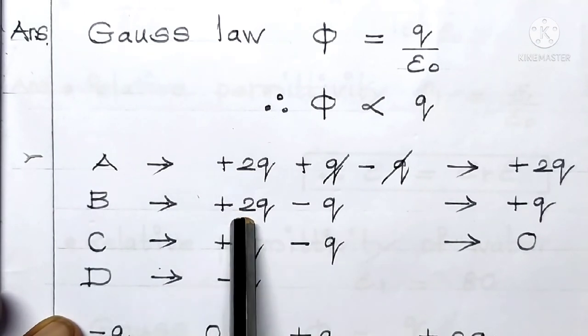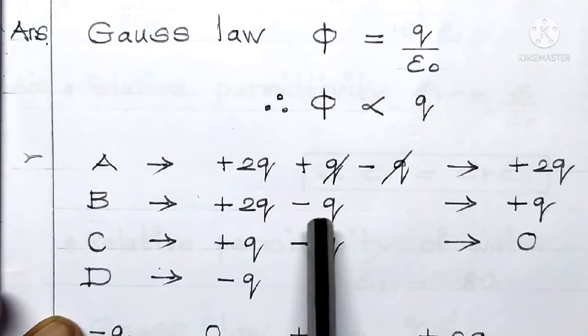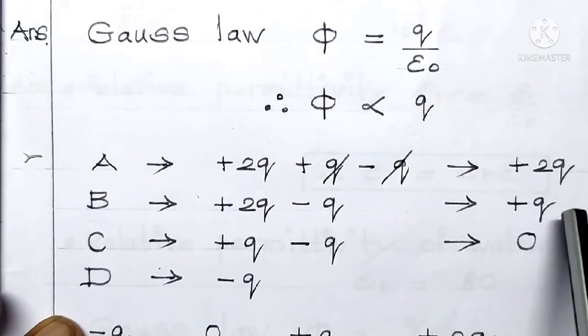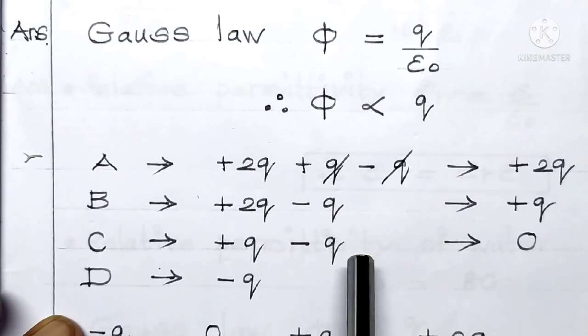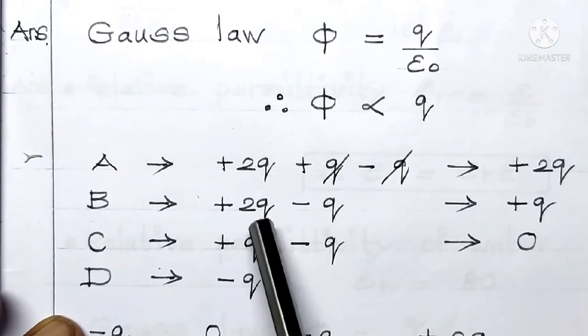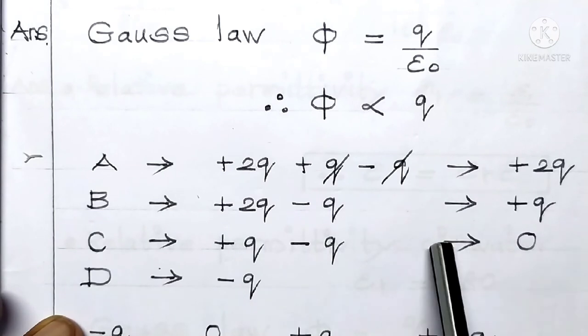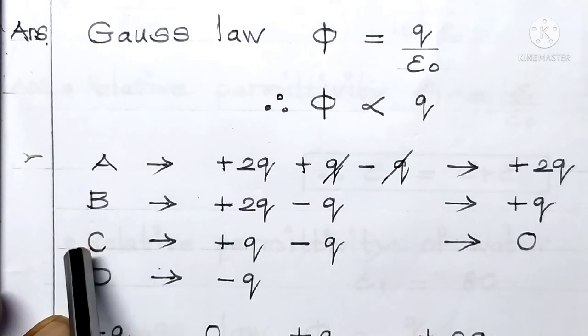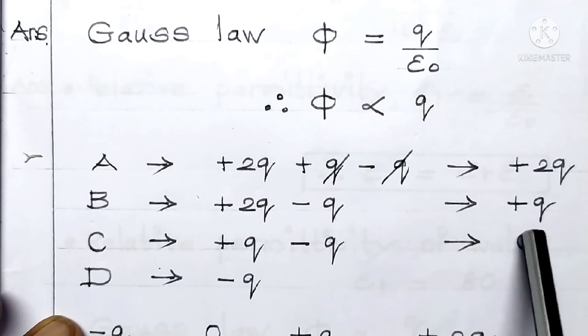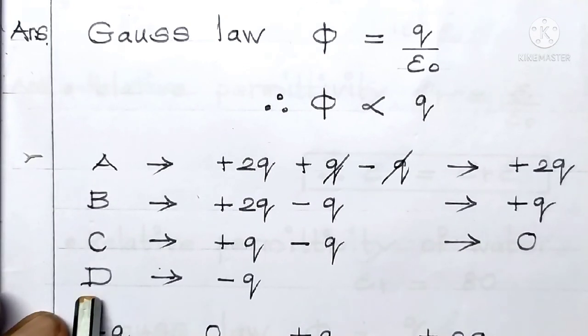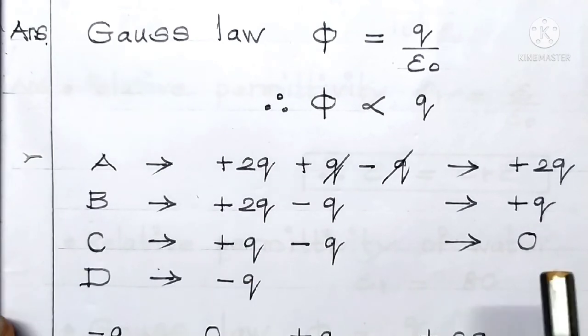So plus 2Q minus Q is equal to plus Q. In the Gaussian surface C, plus Q and minus Q are there, so they get cancelled, which is equal to 0. That means in the Gaussian surface C, there is no net charge at all. What about Gaussian surface D? Only minus Q is left, as we have seen in the diagram.